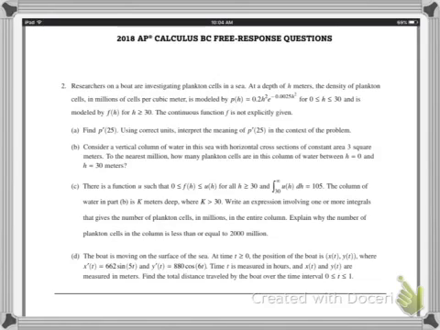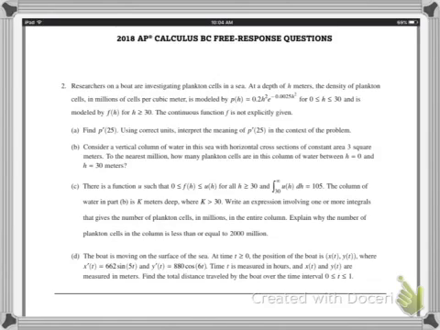This says researchers on a boat are investigating plankton cells in a sea. At a depth of h meters, the density of plankton cells in millions of cells per cubic meter is modeled by this P of h, equal to 0.2 h squared times e to the negative 0.0025 h squared, where h is between 0 and 30 inclusive, and is modeled by a function f of h for h greater than or equal to 30.